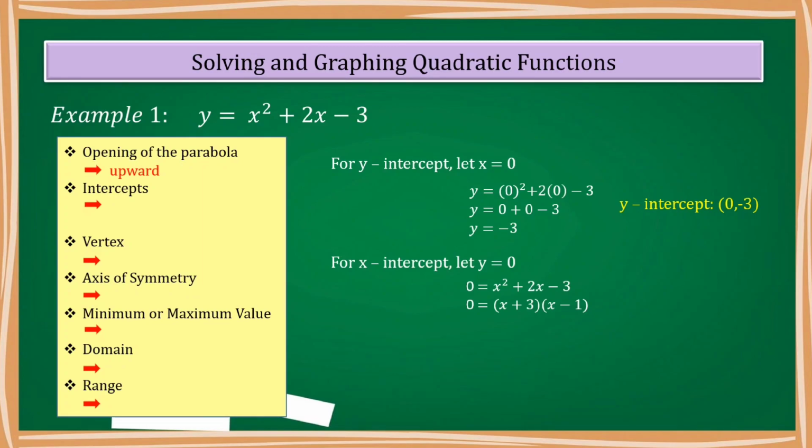The next is, i-equate natin both factors to 0. We have x plus 3 equals 0 and x minus 1 equals 0. So, for the values of x, we have x equals negative 3 and x equals 1. So, the x-intercepts are negative 3, 0, and 1, 0.